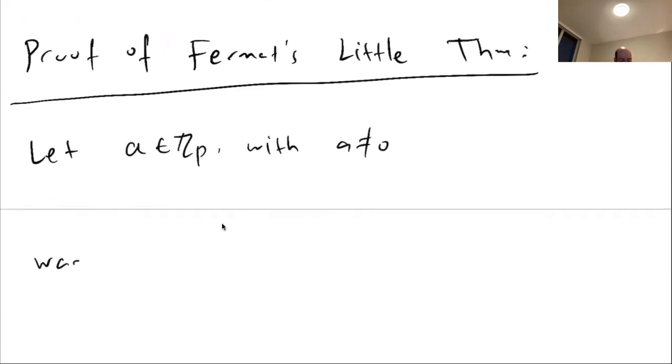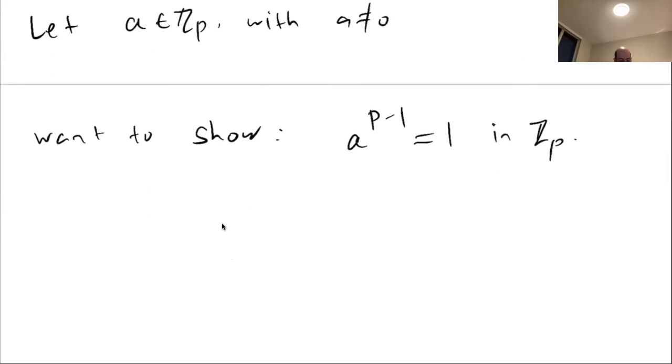We want to show a to the power P minus 1 equals 1 in ZP. So consider these elements: a, 2a, 3a, all the way to P minus 1 times a.